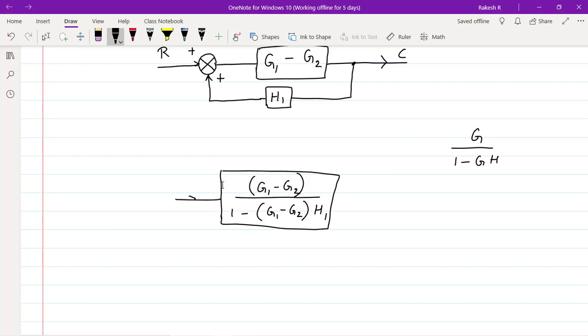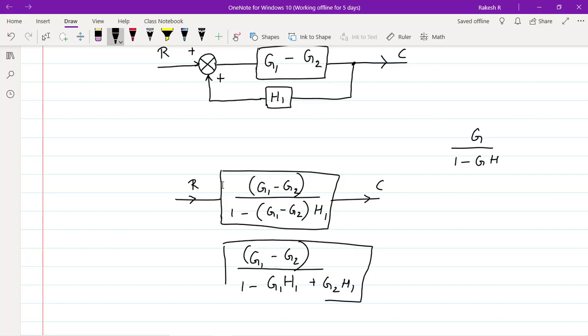So input is R, output is C. I'll simplify this further: G1 minus G2 divided by 1 minus G1 H1 plus G2 H1 here. This is how we have reduced the block diagram. R is the input and C is the output here.